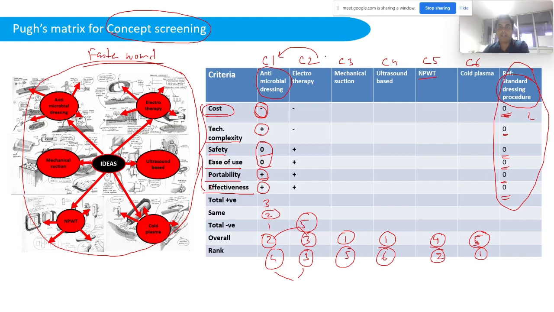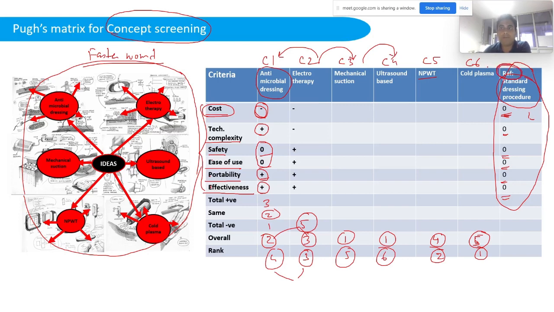Okay, correct. One thing you said is correct. Here we cannot compare between concepts. Here we are only comparing against a standard, some reference.